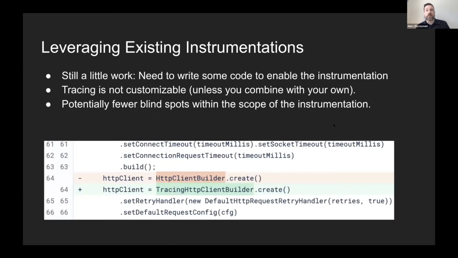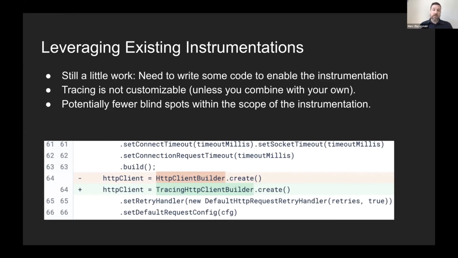Another flavor is to use those instrumentation libraries that I mentioned. There's still a little bit of work. You usually need to modify your code in some way to take advantage of the instrumentation, depending on the library. It's also not customizable. There's a set of spans and tags that the instrumentation library already provides, and you just have to use those.